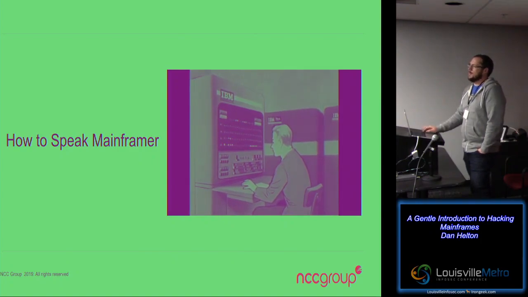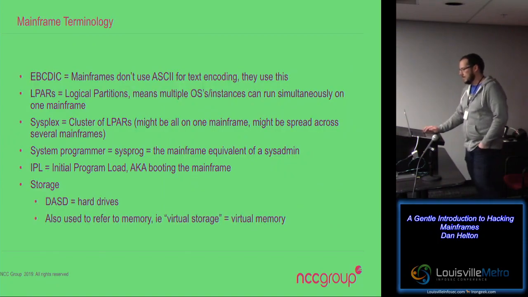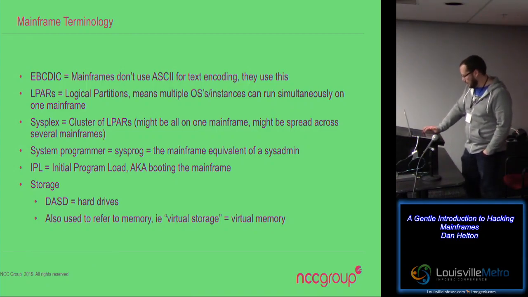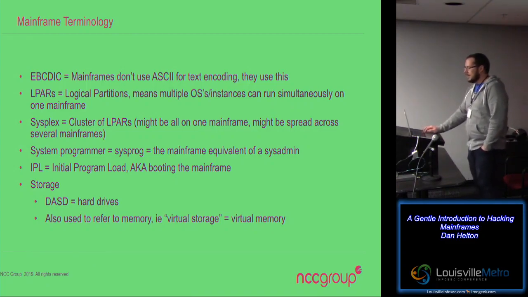Now I want to tell you a little bit about how to speak mainframer, because it is a very different culture and a very different type of lingo than what Windows and Linux admins are probably used to. First off, mainframes don't speak ASCII. Their text encoding is an in-house IBM format called EBCDIC, Extended Binary Coded Decimal Interchange Code, if you're curious.